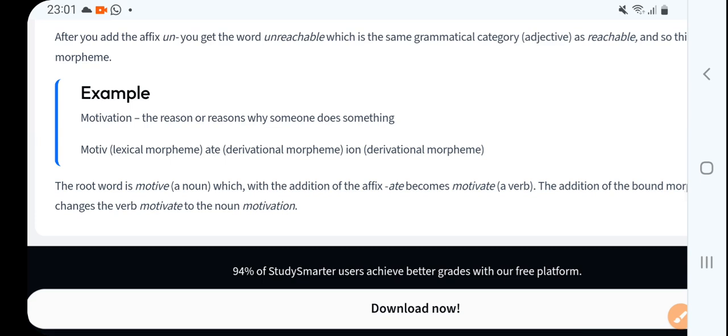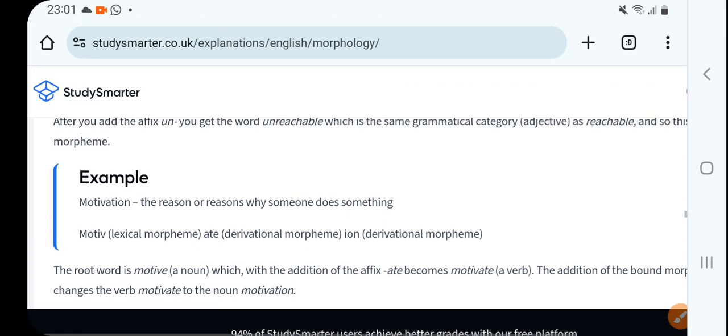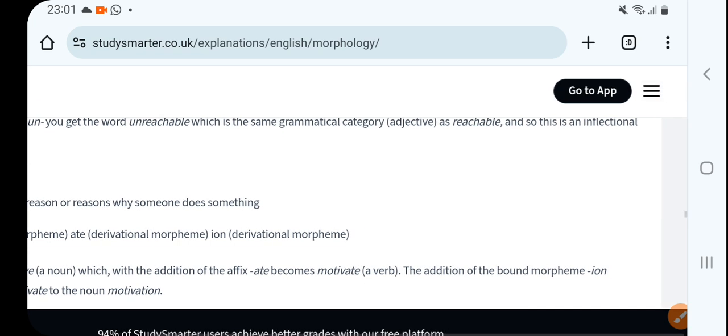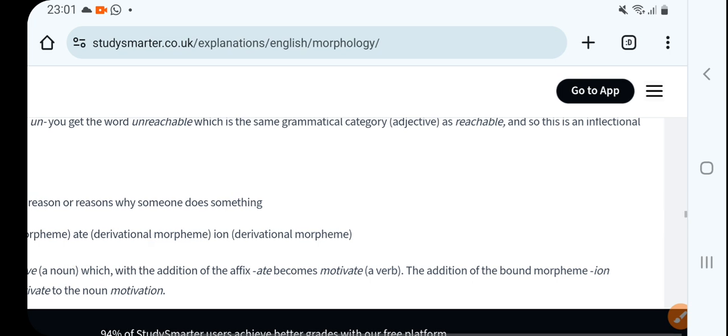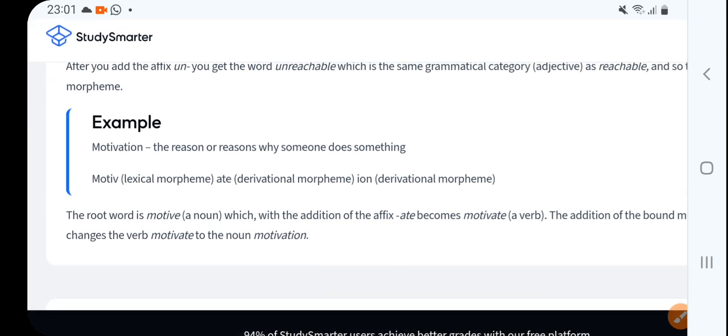After you add the affix un, you get the word unreachable, which is the same grammatical category, adjective. Reachable and unreachable, the category is the same, right? So it is an inflectional morpheme because the category is not being changed.